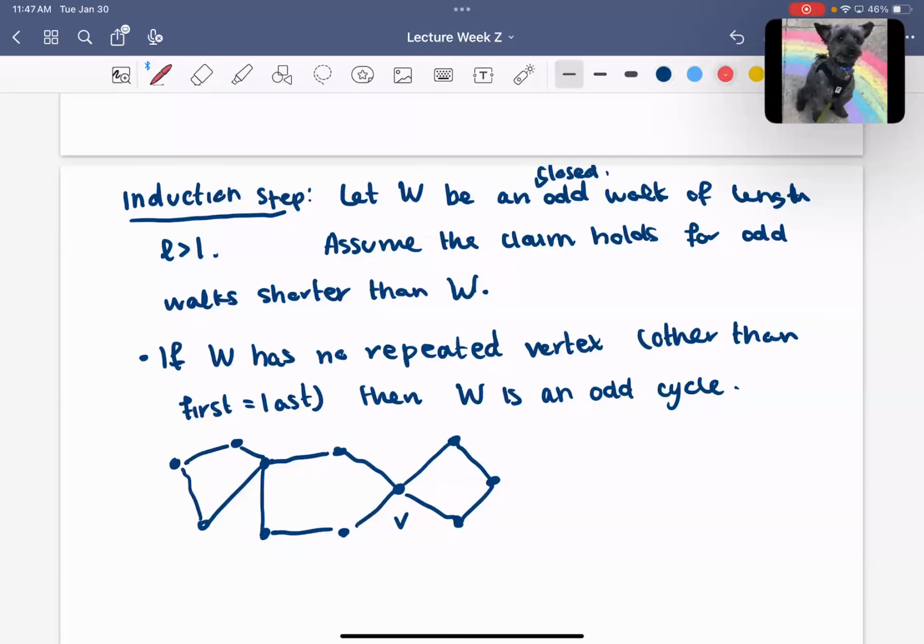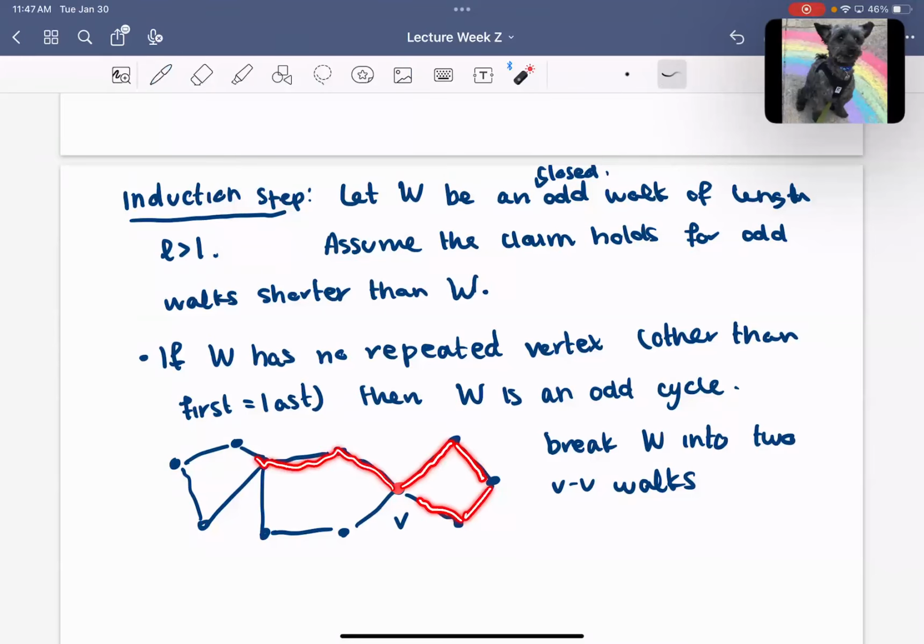Okay, so let's say this is our vertex V that's repeated. So we're going to view W as starting at V and ending at V, and then we're going to break W into 2 VV walks. So in this picture, we'd have part 1 on the right and part 2 on the left.